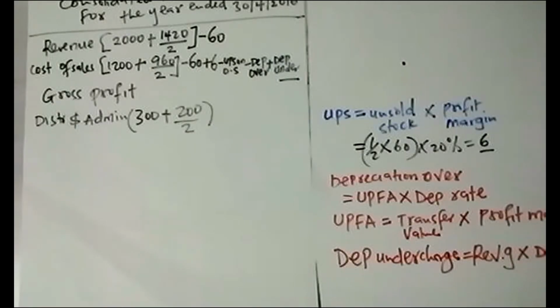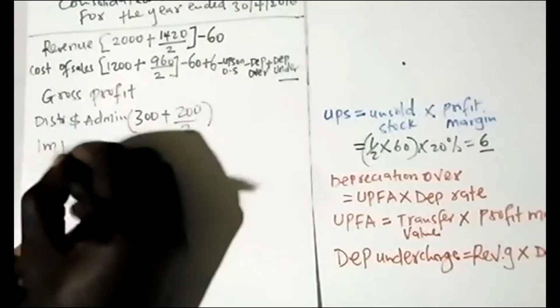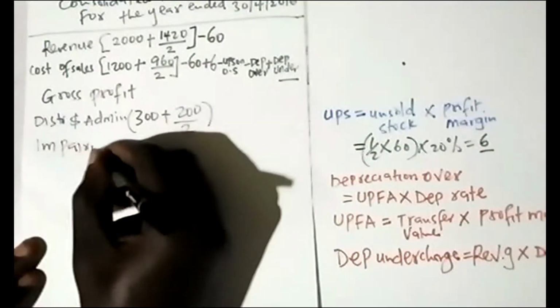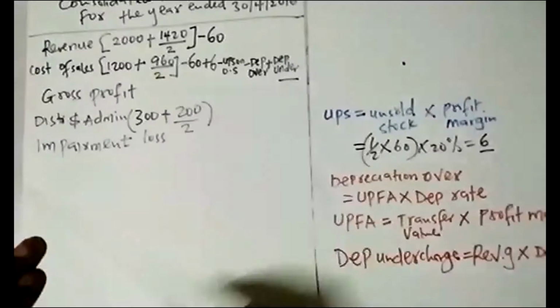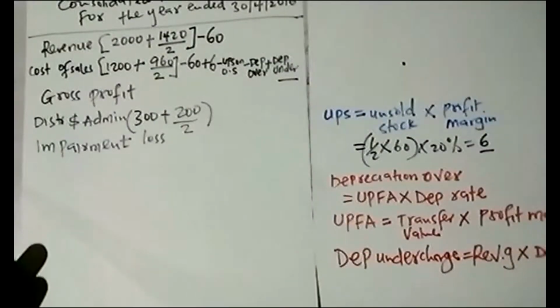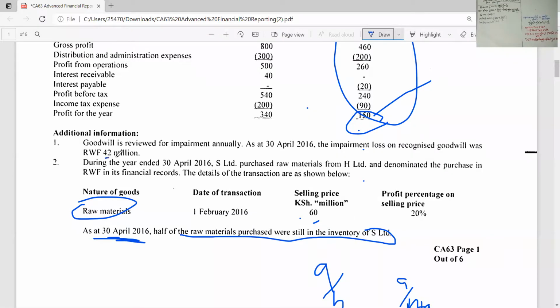So after that, I introduce what is called impairment. Remember, impairment is the loss in value of goodwill. I will introduce impairment loss. Remember that in note 1, there was impairment. We were told there was impairment in note 1, and I remember it was 42. For more confirmation, I can share so that you see it was this one, 42, where we were told that goodwill is reviewed for impairment annually.